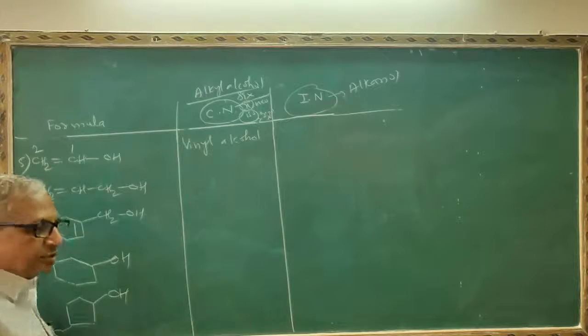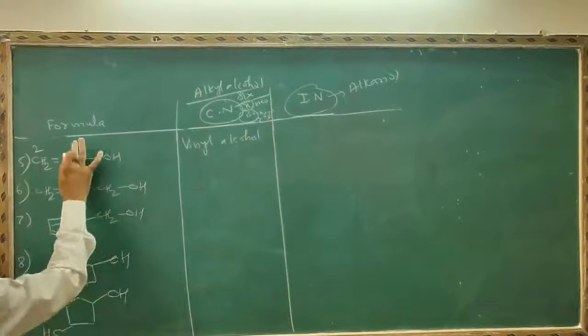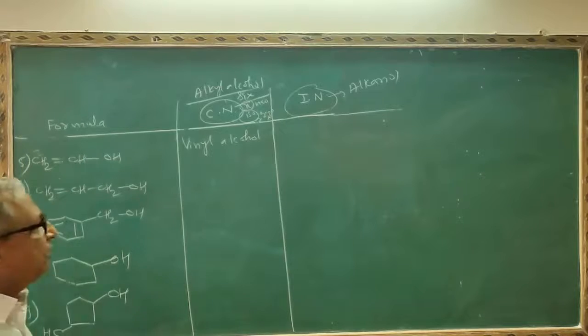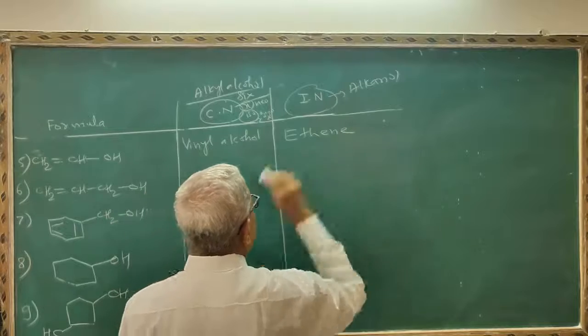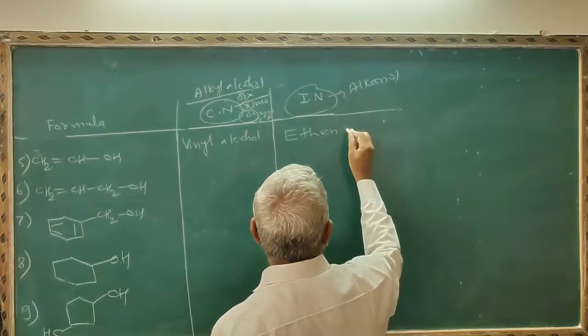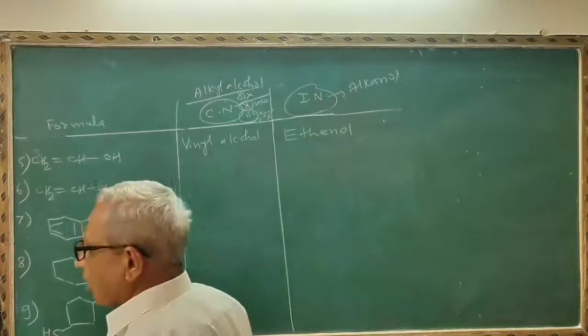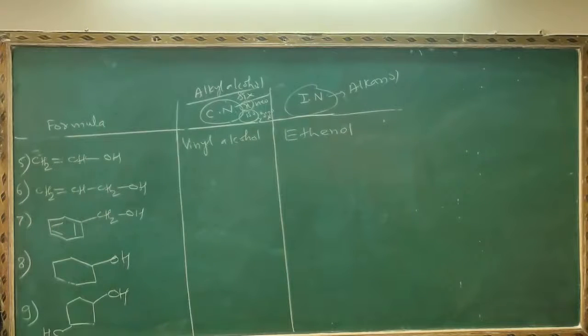It contains 2 carbon atoms, therefore it is a derivative of ethene containing a double bond here. Ethene, replace the suffix e by ol: ethenol. You cannot write ethen-1-ol because you cannot distinguish between carbon number 1 and 2. Both are identical.